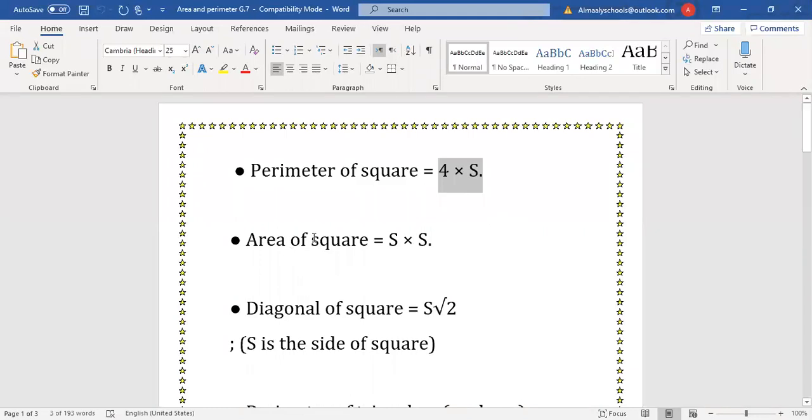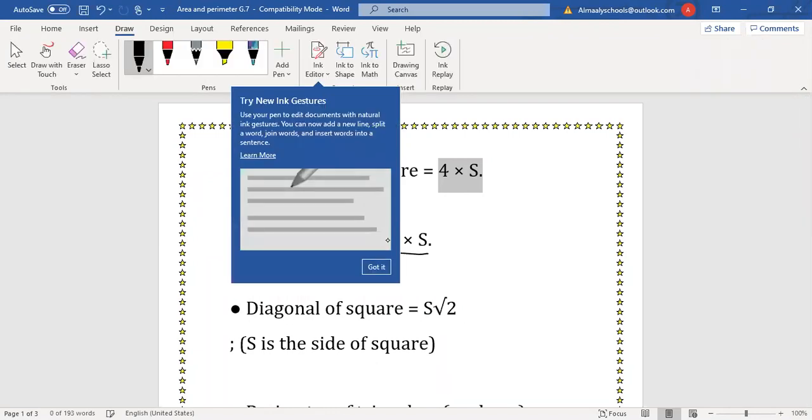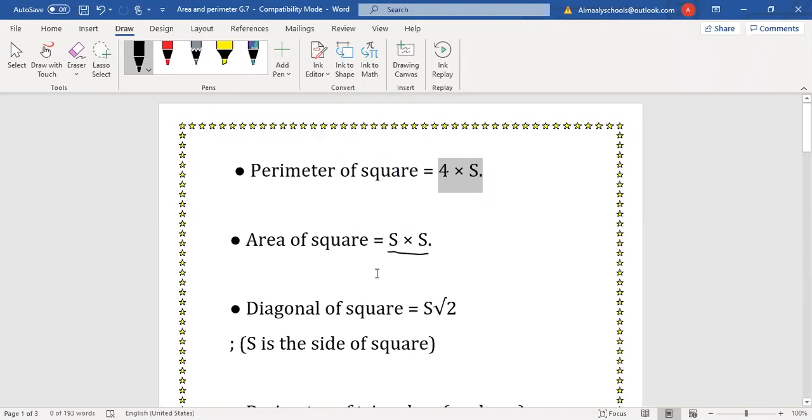Number 2, area of the square equals side length multiply side. So side multiply side, or you can write side power 2.